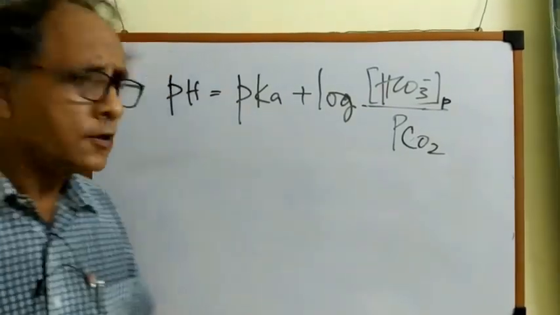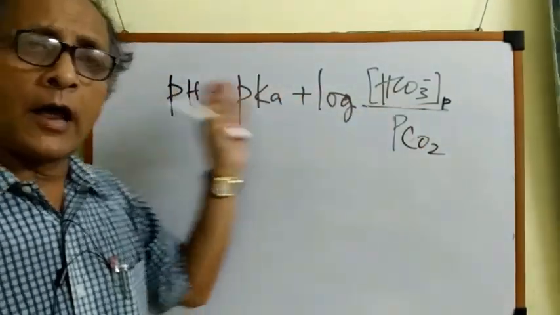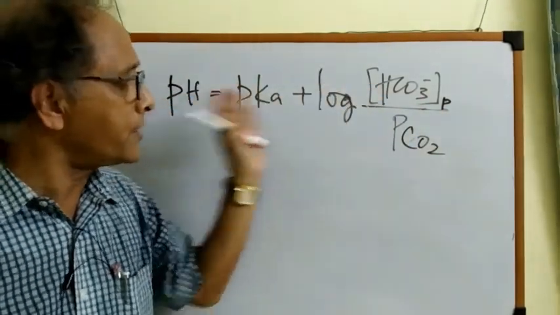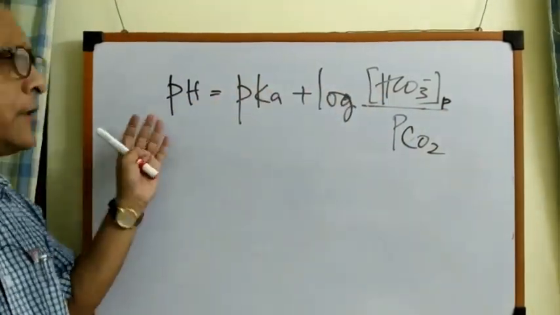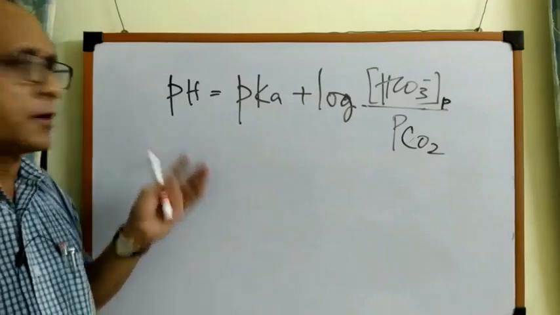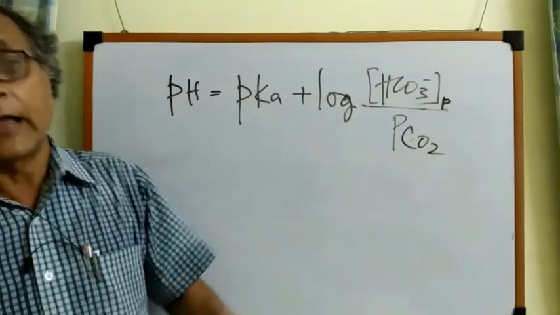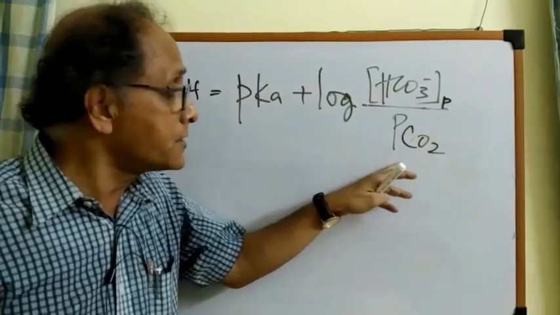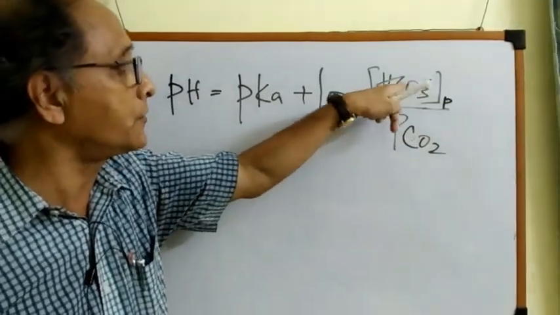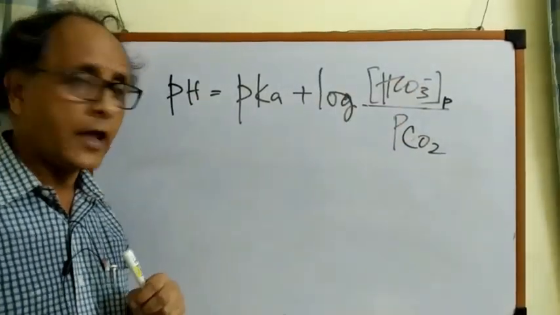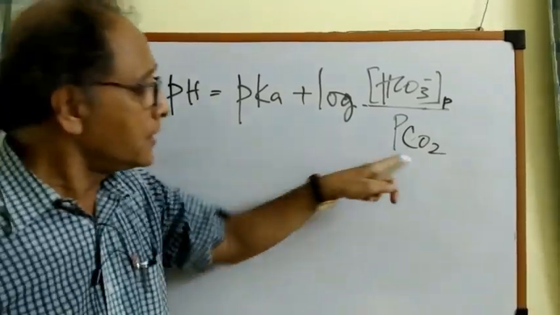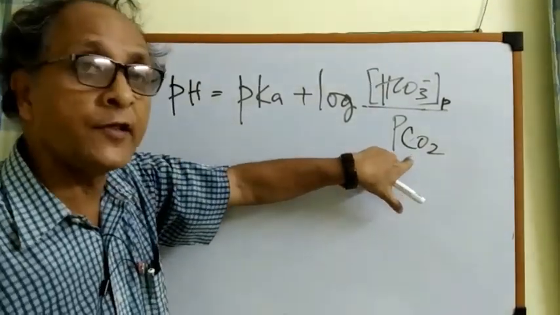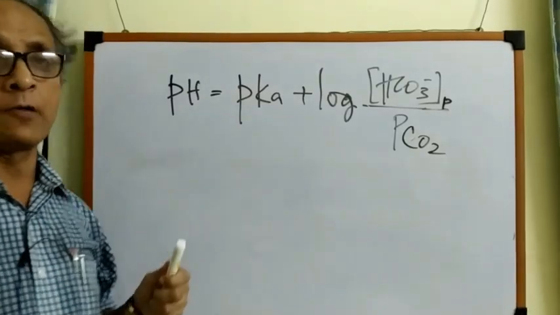So if we follow the modified Henderson-Hasselbalch equation, we can easily define acidosis and alkalosis. Acidosis is either due to an increase in PCO2 or a decrease in plasma bicarbonate, and alkalosis is due to a decrease in PCO2 or an increase in plasma bicarbonate.